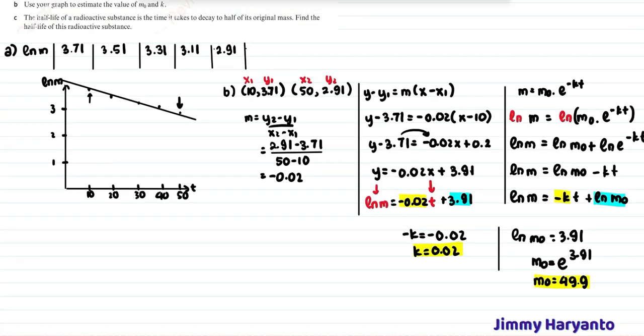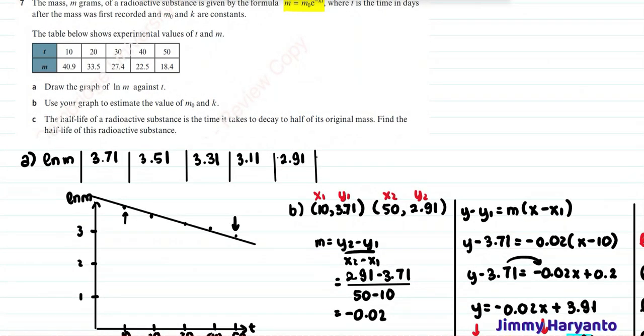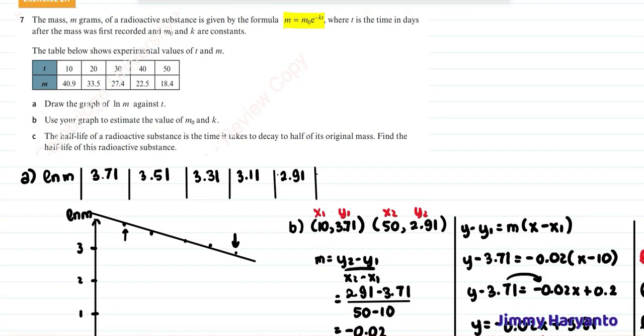Next is C. The half-life of a radioactive substance is the time it takes to decay to half of its original mass. Find the half-life. Let me read it first.